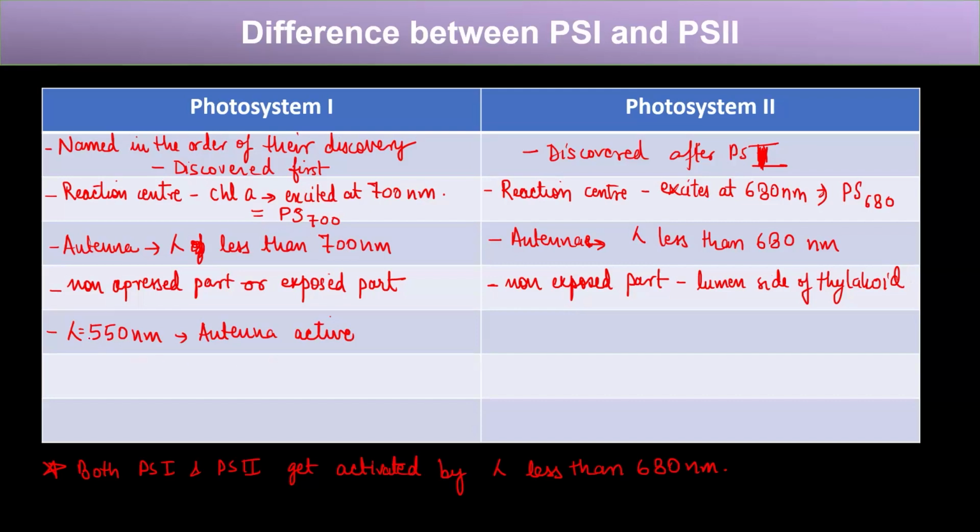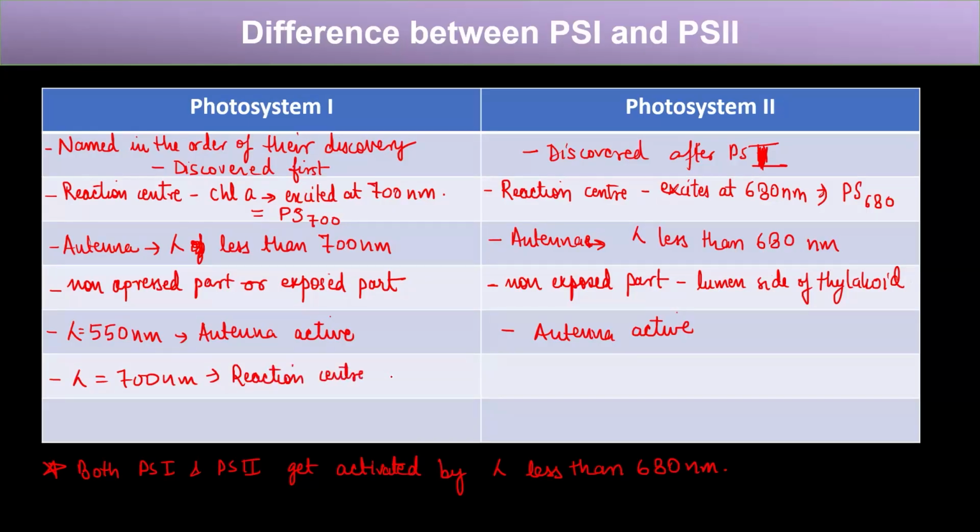But at 550 nm, in both cases, the antenna will be active. Now, if you give a light of say 700 nm, will photosystem 1 be active? Yes, because photosystem 1 can get excited till 700 nm. So here the reaction center of the photosystem will be active.